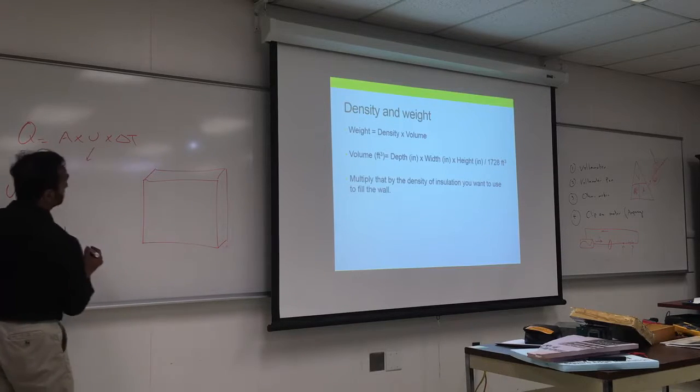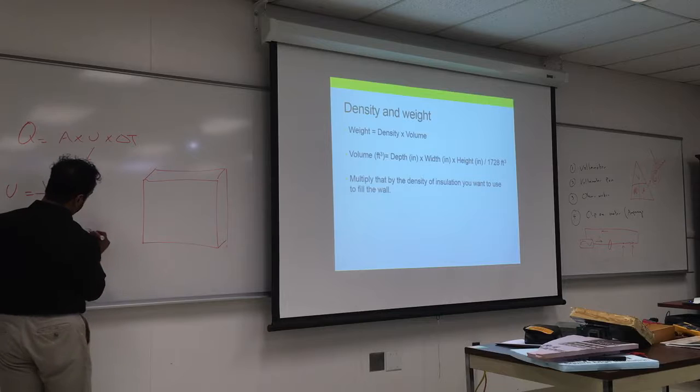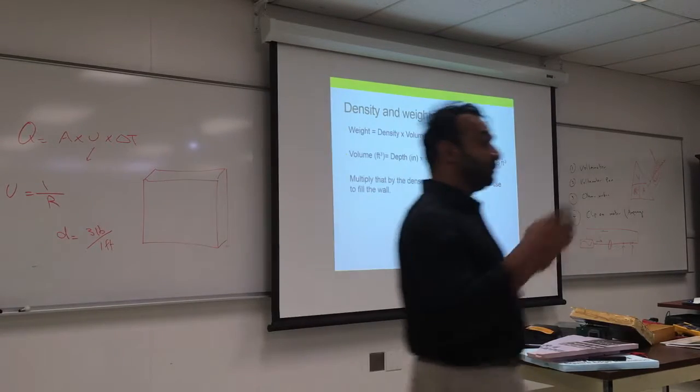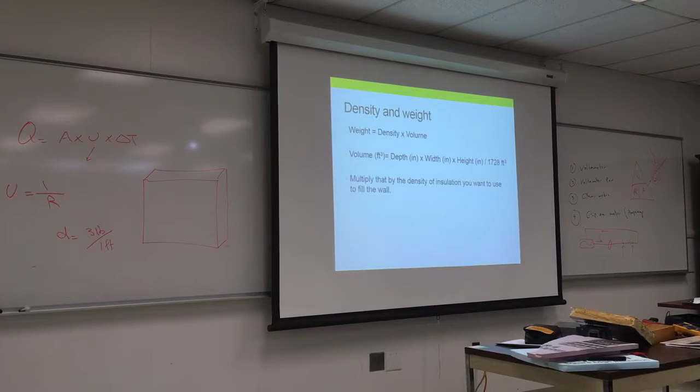Let's see, density is weight per volume, so 3 pounds per cubic foot, 1 cubic foot. For example, when you buy a bag of insulation, it will show on it the density the insulation should be at to get this R value.